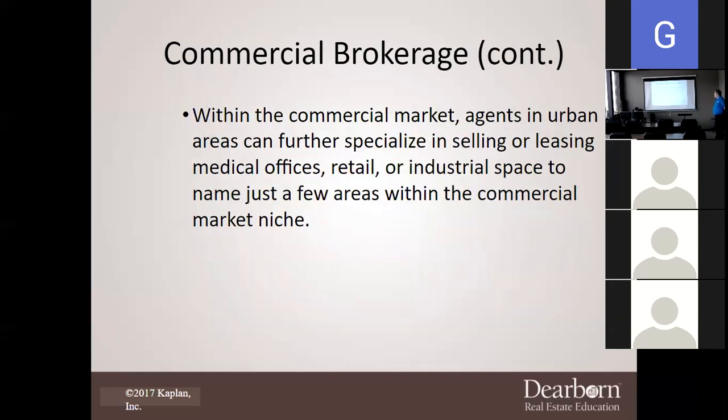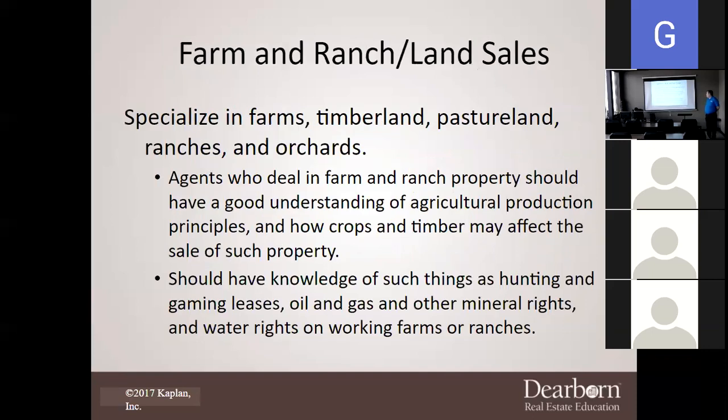Within the commercial market, agents in urban areas can further specialize in selling or leasing medical offices, retail or industrial space, to name just a few areas within the commercial market niche. This one is very big if you're into agriculture, and this is the farm and ranch.